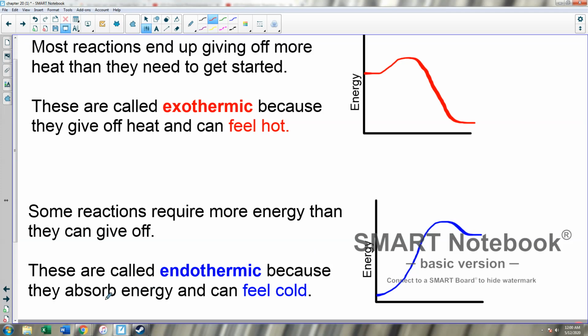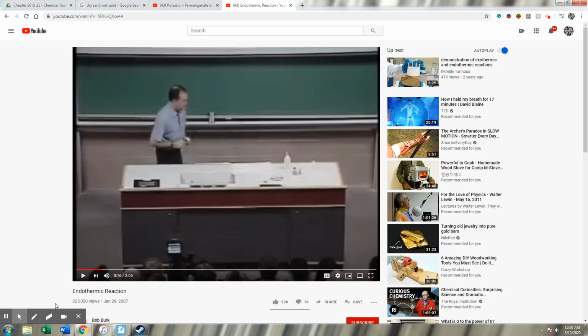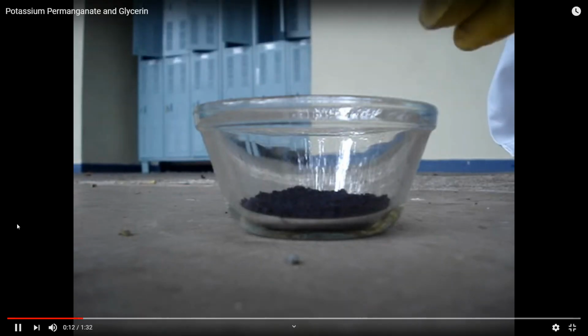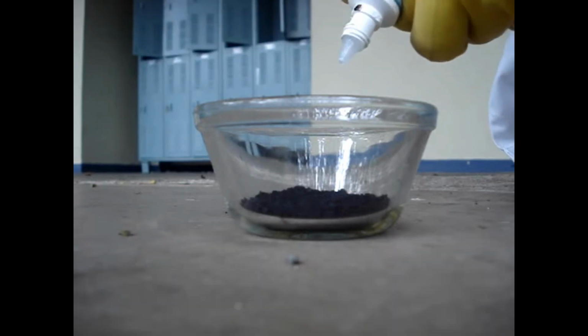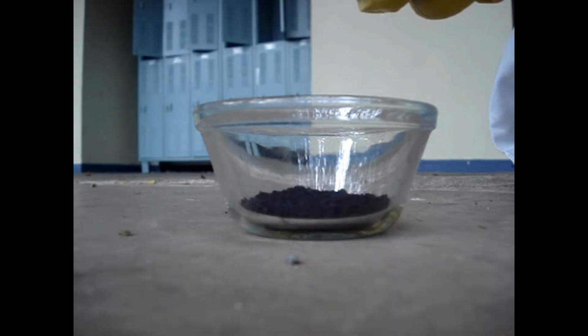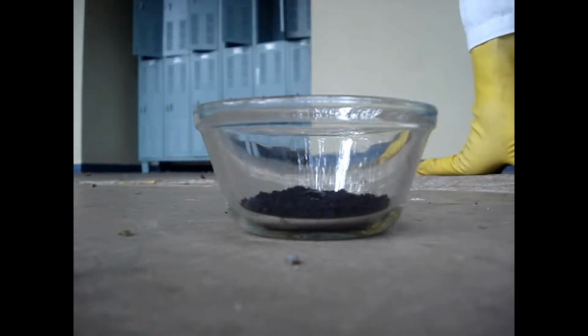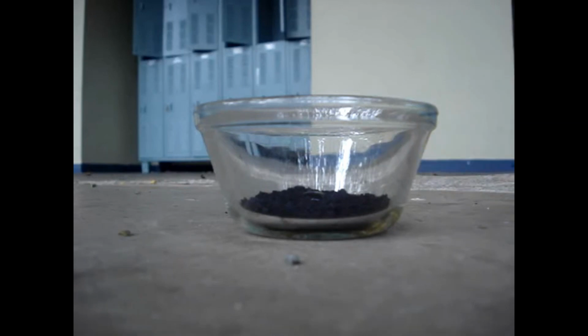Let me show you an example of each one of these. Glycerin is like an oil. It comes from fats and oils.